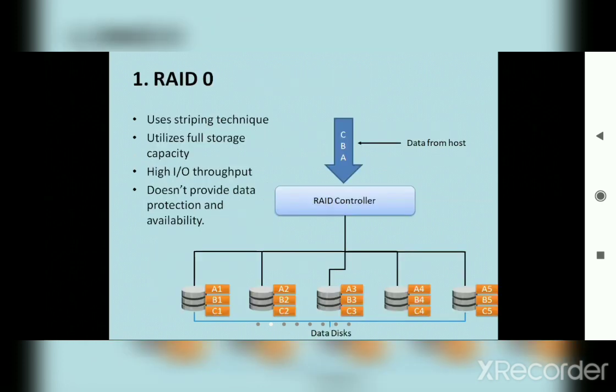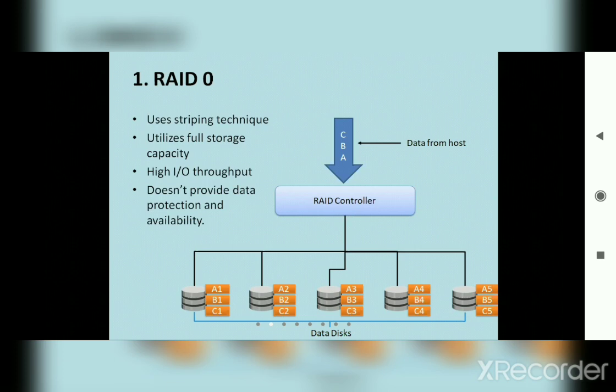The first one is RAID 0. What it does is use the striping technique. As I already said yesterday, the striping technique distributes the data to all the disks at the same time, so that the read operation is done at a faster rate. It is not dedicating only one disk at a time; the whole data will not be stored in one disk.